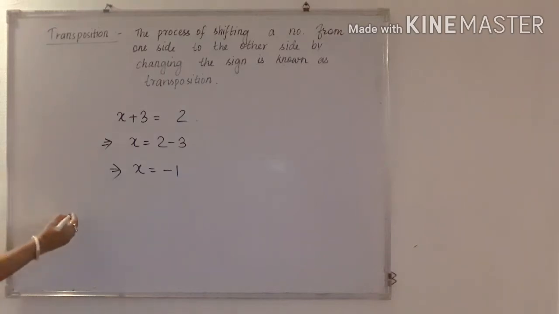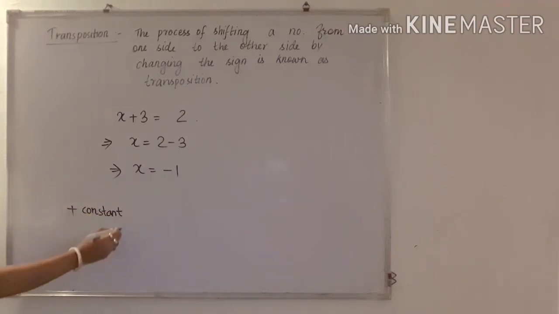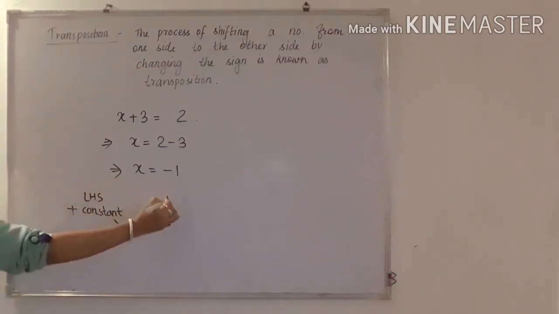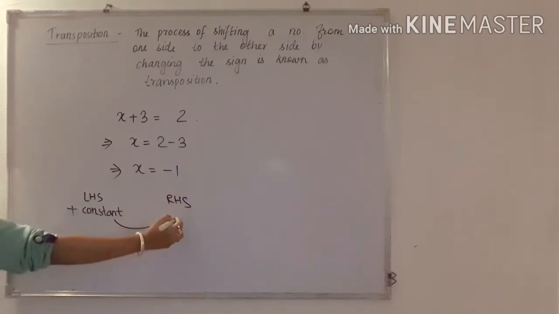That means if a plus sign is on the left hand side, that is, plus 3, or plus constant, a positive value, and you transfer this positive value to the right hand side, then it becomes a negative value.